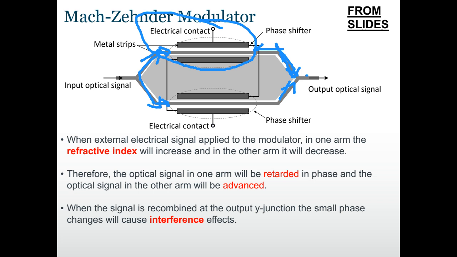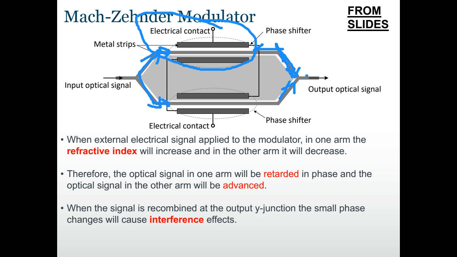And when we apply reverse bias, we try to hold the free electrons away from the other contact. So this would change the electrical field of the optical signal, and this changes the travel speed of the optical signal. So that's an extra explanation.